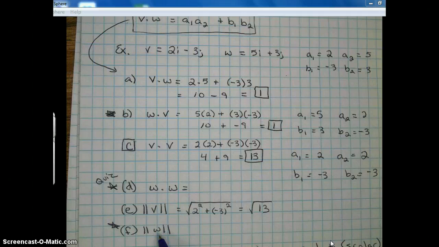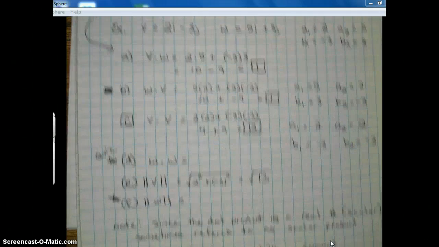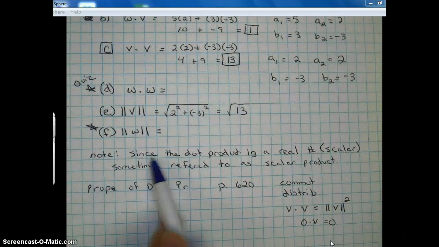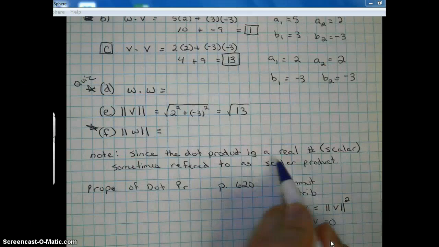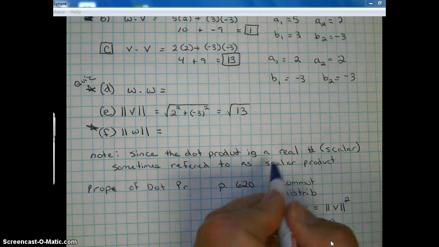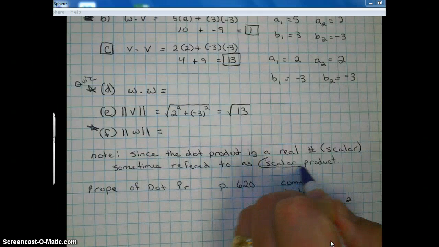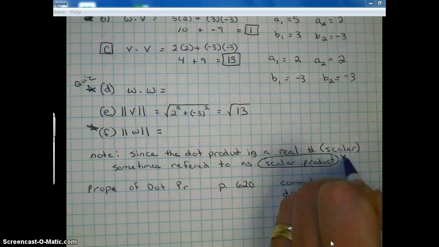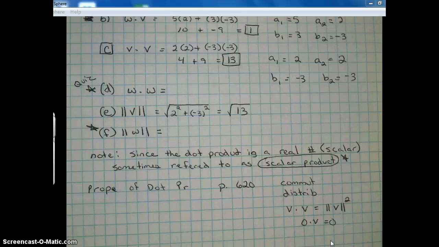Possible vector w, what does that equal? Okay, something to keep in mind. Since the dot product is a real number, in other words a scalar, it's sometimes referred to as the scalar product. Again, another possible quiz question.